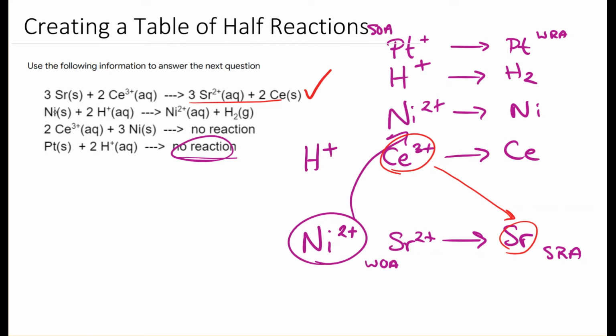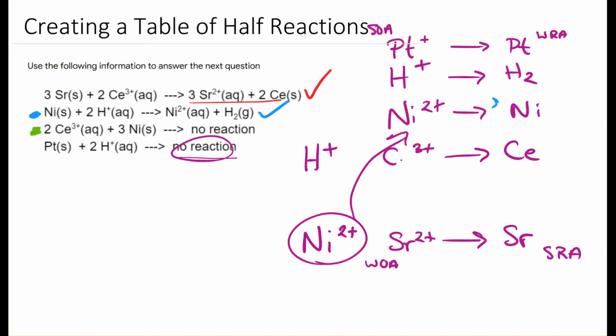Nickel atoms, so I'm going to do this in blue, nickel atoms and hydrogen ions. That's downhill as well, so that should be spontaneous. Good, no problem. And delete those. Things are going to get crowded.